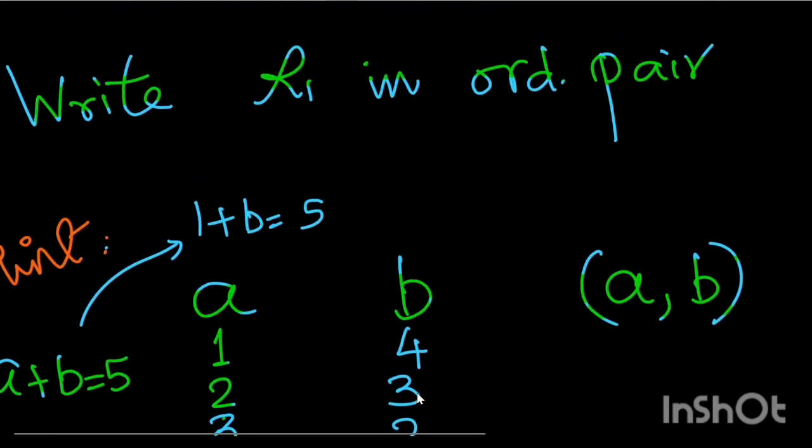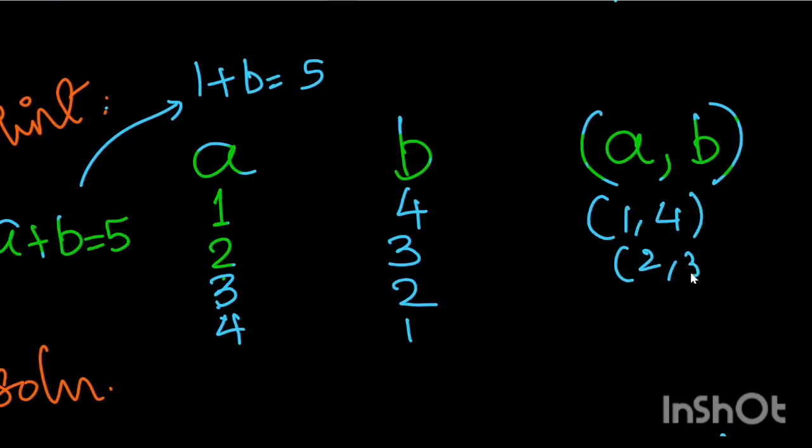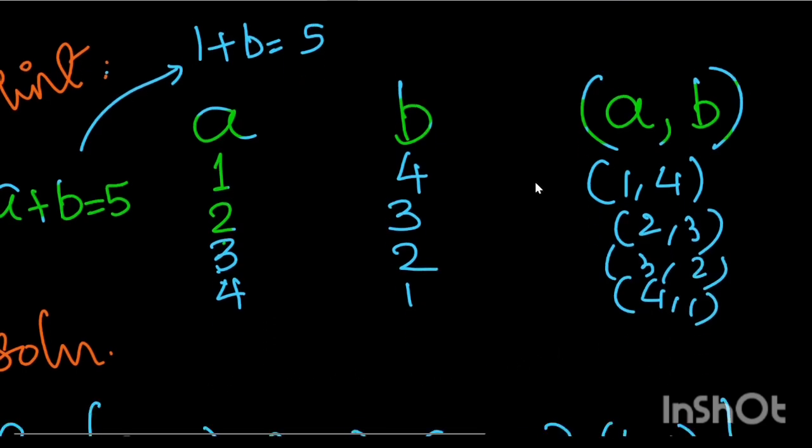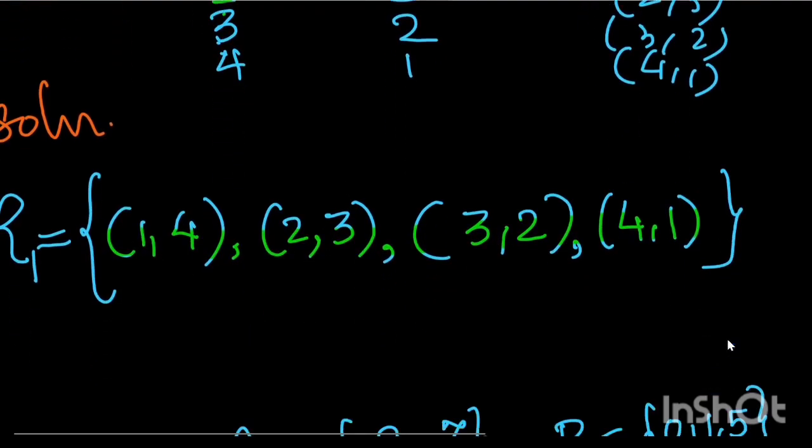So the ordered pairs corresponding to this are (1, 4), (2, 3), (3, 2), (4, 1). After that it won't be possible. So these are the 4 ordered pairs which I have written here. Okay, that is the answer.